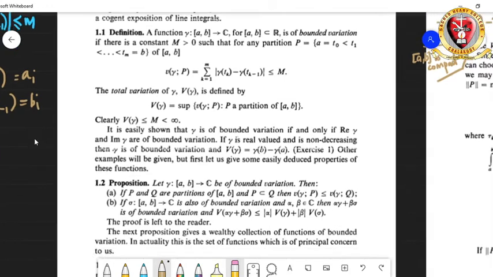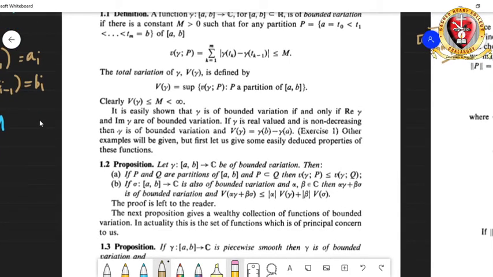That is also a very simple idea which you can prove as the first exercise, exercise 1. It's a very simple workout.